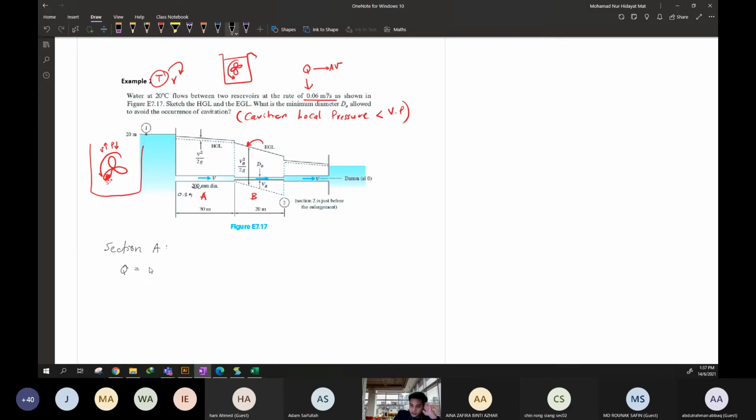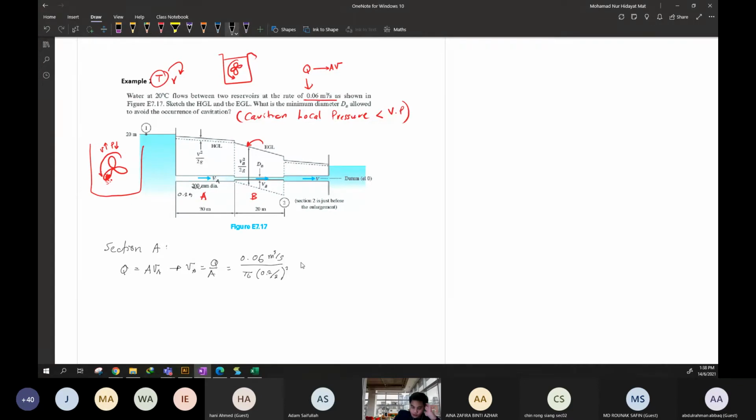So Q equals A V, where V is the velocity at point A. In order to get the velocity at section A, V equals Q over A. Q is given as 0.06 cubic meter per second, over the area. The cross-sectional area is pi d squared over 4, that is pi times (0.2 over 2) squared, pi r squared.